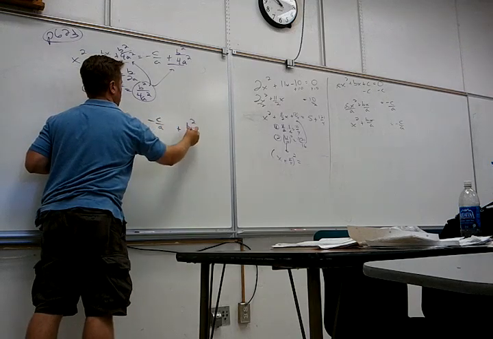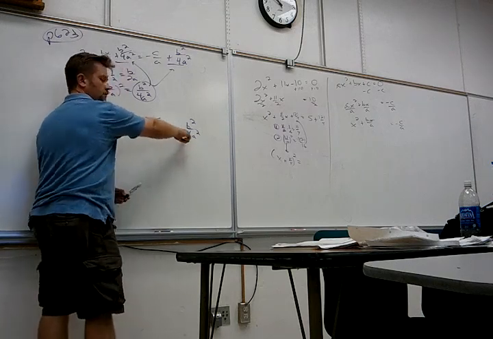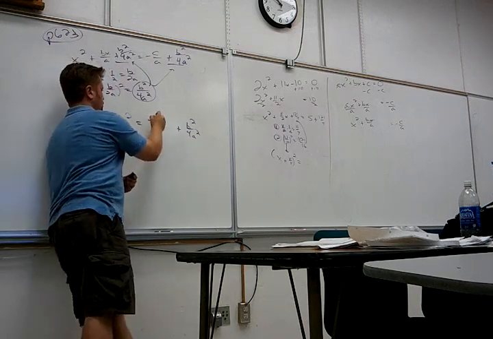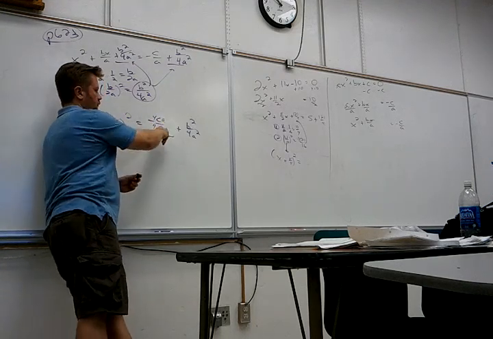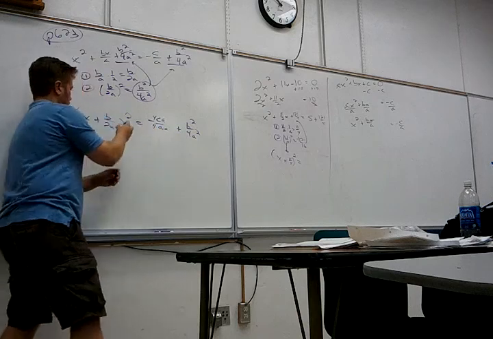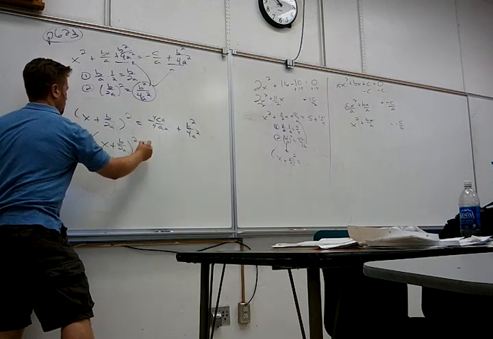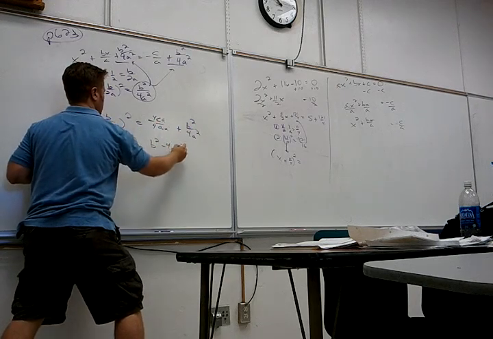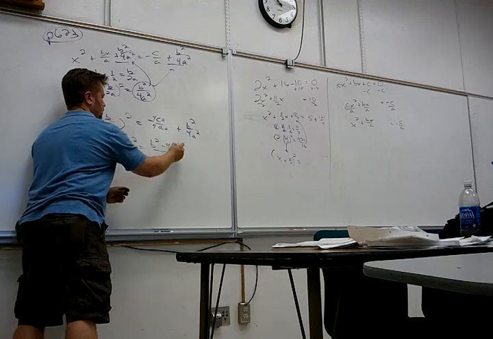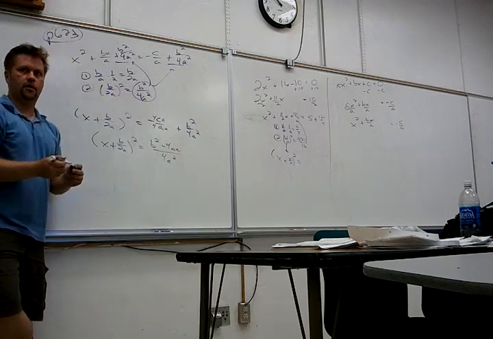Which one's missing something? The first one. What's the first one missing to be the same as the other? It's missing a 4 and an a. So now they both have 4a squared on the bottom, right? Over here I get b squared minus 4ac divided by 4a squared, because they have like denominators.